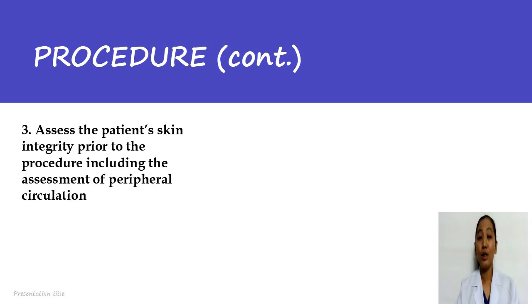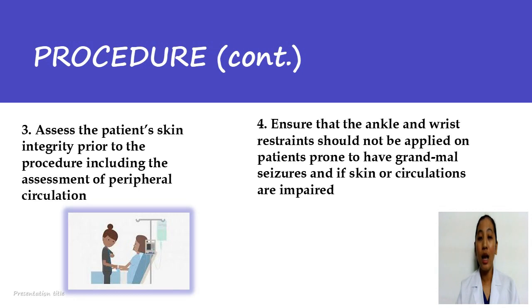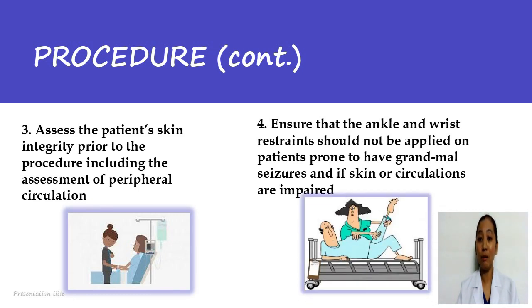Third, assess the patient's skin integrity prior to the procedure, including the assessment of peripheral circulation. Fourth, ensure that ankle and wrist restraints are not applied on patients prone to grand mal seizures and if skin or circulation is impaired.